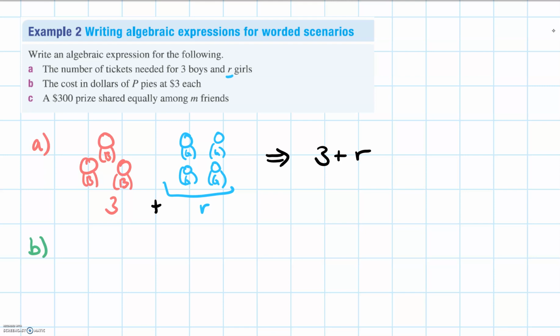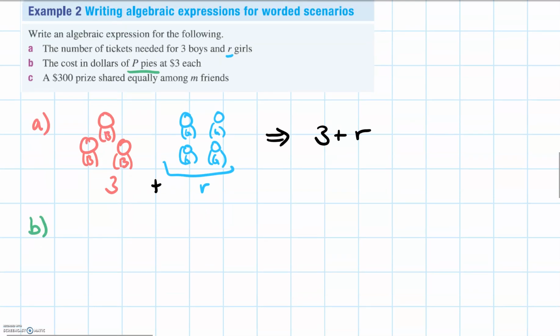Now, the next one, part B. I want to find the cost in dollars of P pies at $3 each. So similar to the first one, I have P, capital P pies. I don't know how many capital P is, so I don't know how many pies I'm actually going to buy. But what I do know is that for each pie, and this is a bad looking pie, it costs $3.